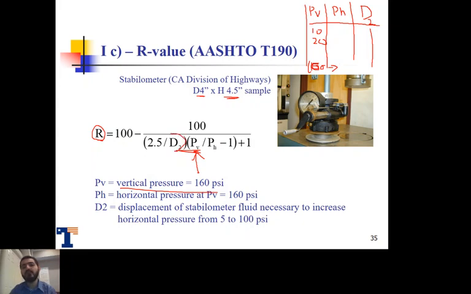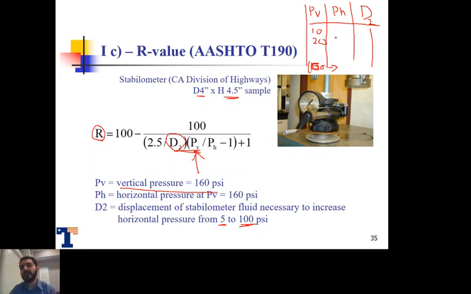For D2, this is the displacement of stabilometer fluid necessary to increase the horizontal pressure from 5 to 100. So D2 is the difference between two displacements at two different horizontal pressures.